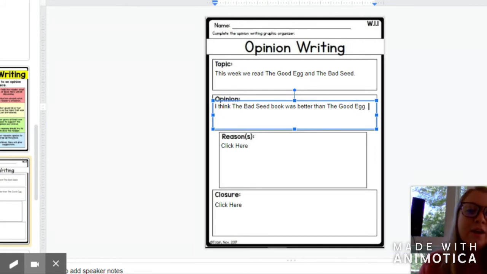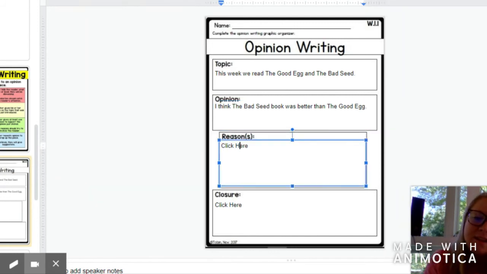So to do that, I can go back and rewatch the story, or I have the book right here so I can look at it again. And I need to think about why I like this book better than the other one. And for me, I like the Bad Seed better than the Good Egg because he went from being a bad seed to being a good seed.